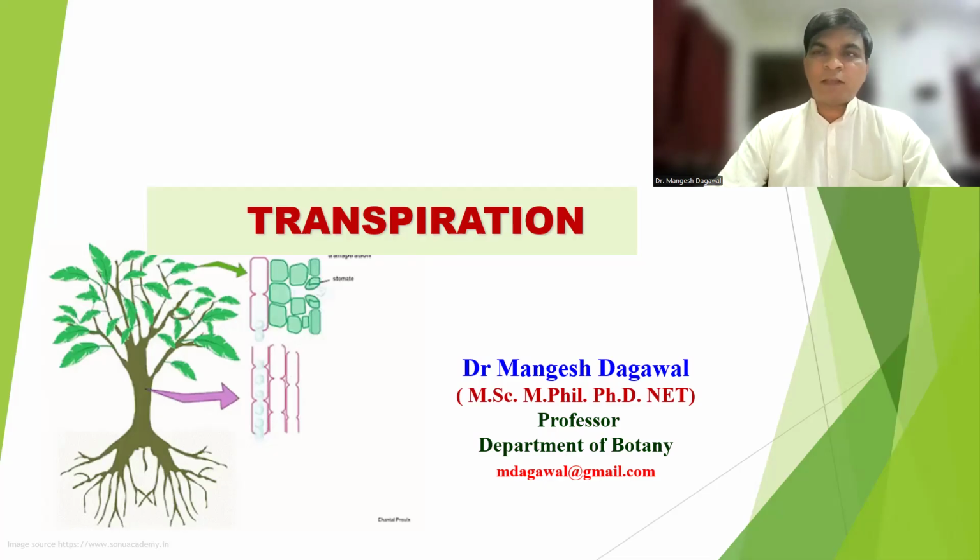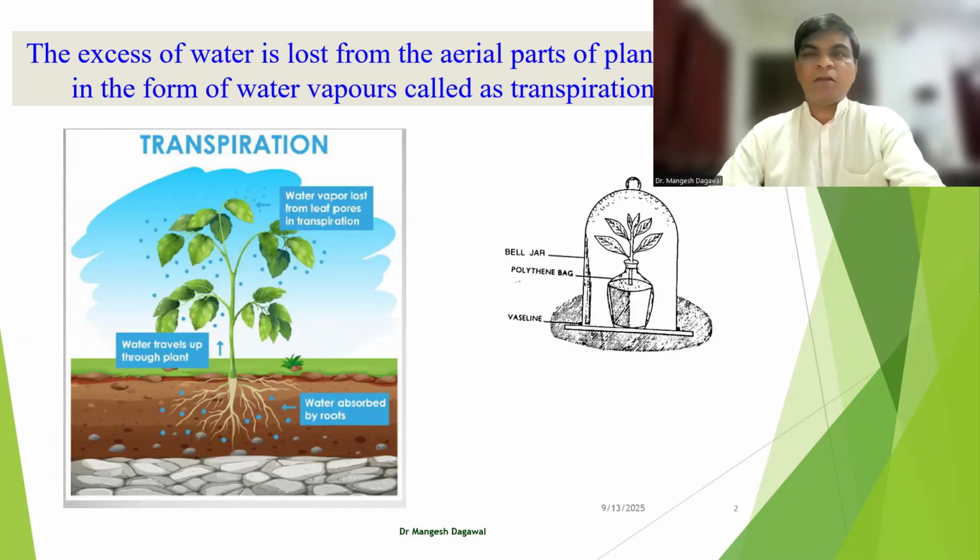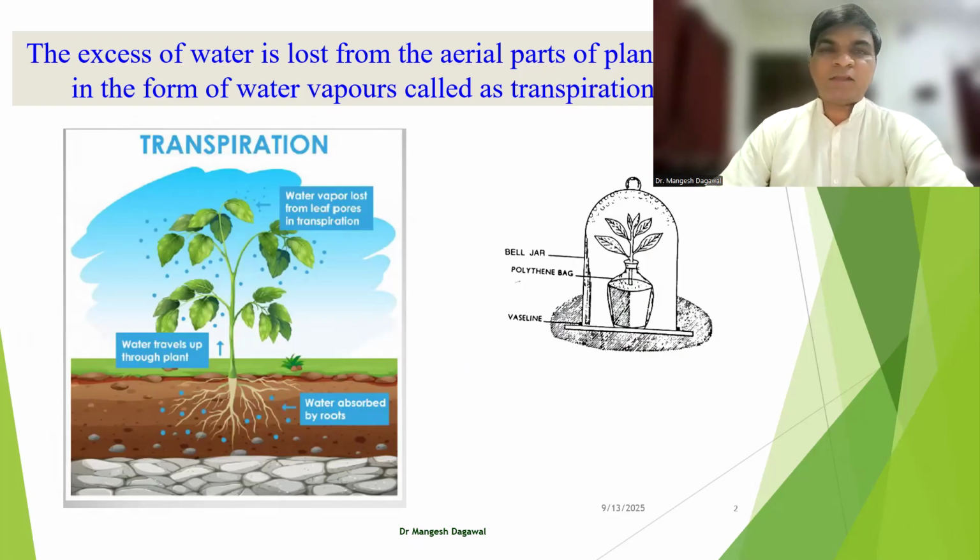So transpiration is nothing but the loss of excess water from the aerial parts of the plant body in the form of water vapors. Here we can see in the picture, water is absorbed by the roots, travels up through the stem and reaches the leaf.